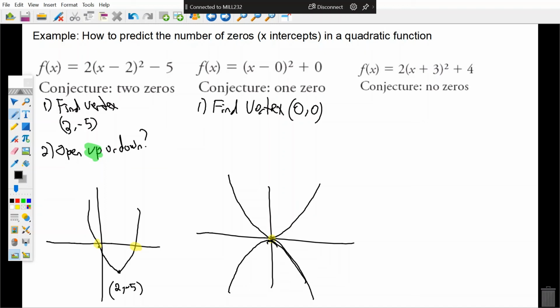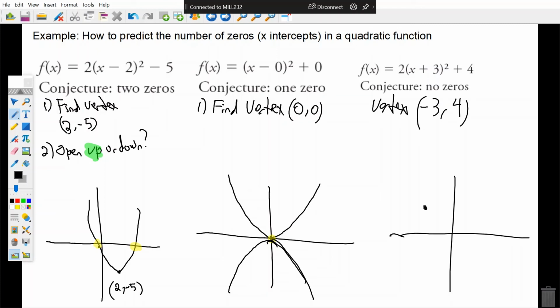Okay, last one. F of x equals 2 times x plus 3 squared plus 4. So our vertex is negative 3 and 4. Negative 3 and 4 is right here.